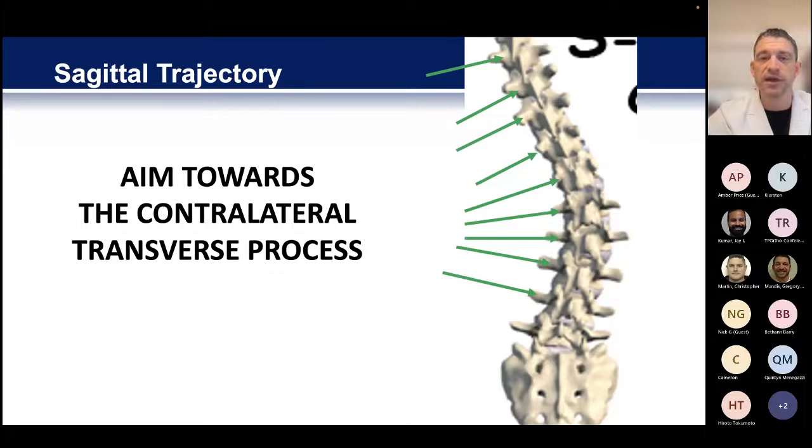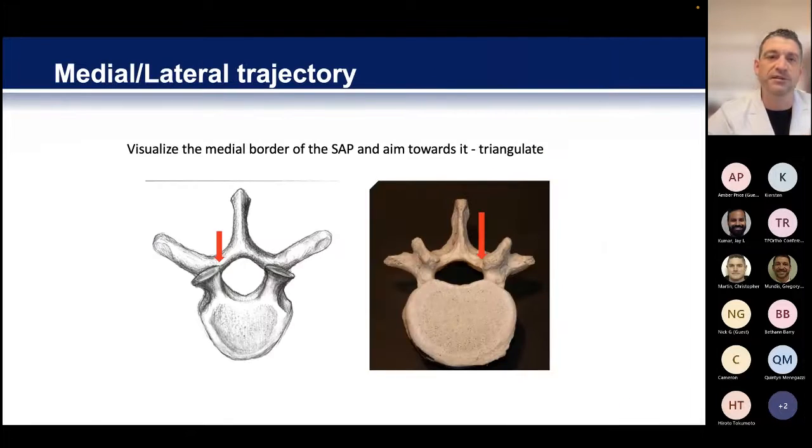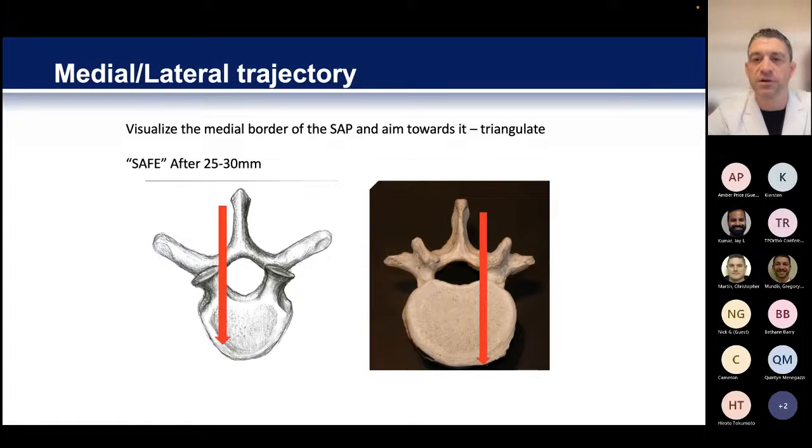So the other thing it does is it allows for there to be a very nice cadence of your screws. So again, visualizing the medial border of the SAP is important, and then you can triangulate towards it because when you're putting the screw in, if you look at the green arrow, you're typically starting a lot more lateral than this medial mark of the pedicle is, right?